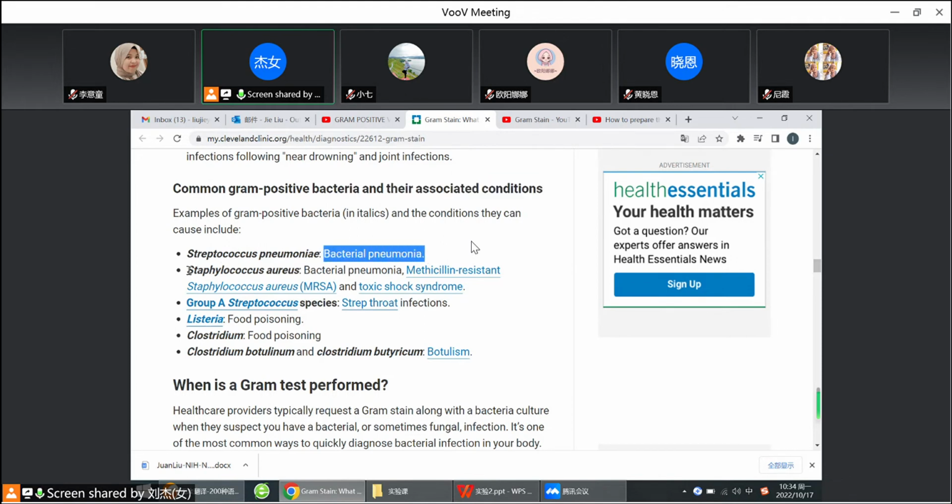And Staphylococcus, also this kind of coccus, can also cause bacterial pneumonia, and what's more, it causes many other associated symptoms, and even toxic shock syndrome. So this bacteria is sometimes fatal, and the Listeria bacteria, as we introduced just now, also causes food poisoning.